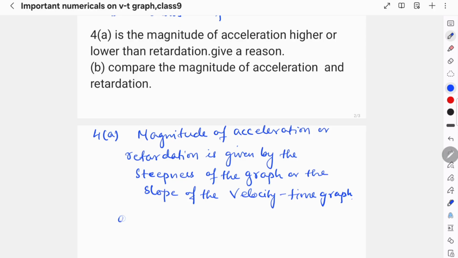Okay, so acceleration will be change in velocity by change in time.